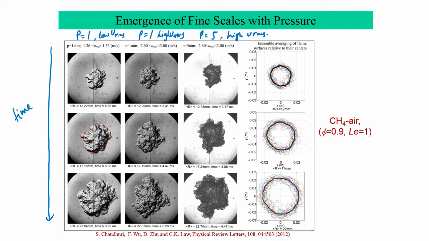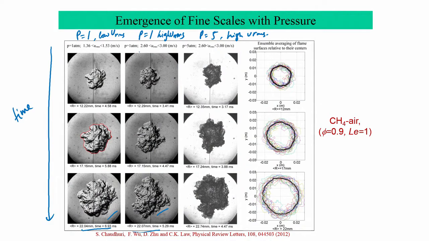There are small scale structures being formed, and that is clear because the Kolmogorov length scale is smaller. So, in this case your turbulence Reynolds number is larger with respect to this case. That causes the increase of these finer scale structures.